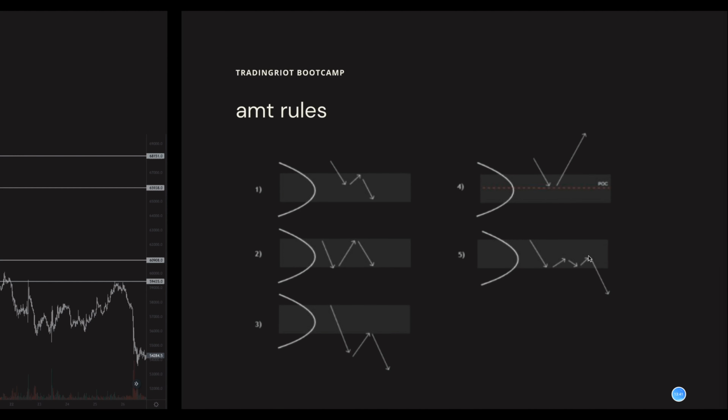Okay, so what very often happens for intraday trading is that markets break outside the value. You are expecting this perfect retest of the value area low, but the market will do something like this, for example, and you might have some sort of a cluster sitting inside this value area.